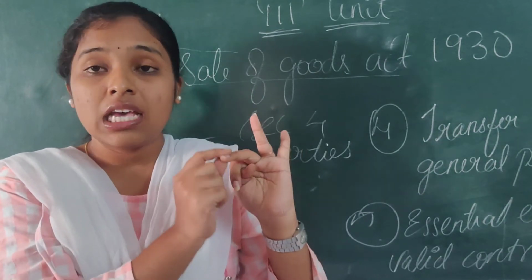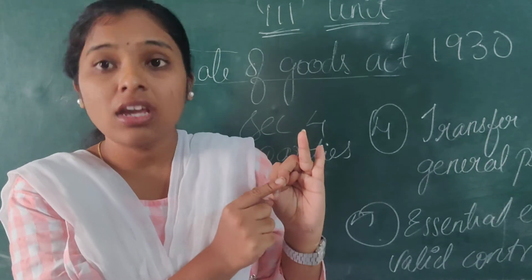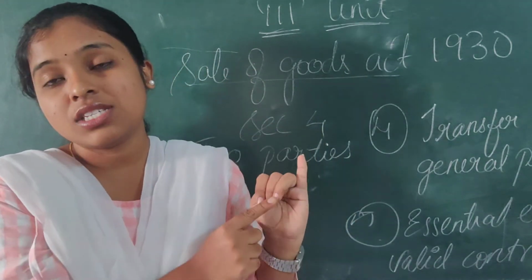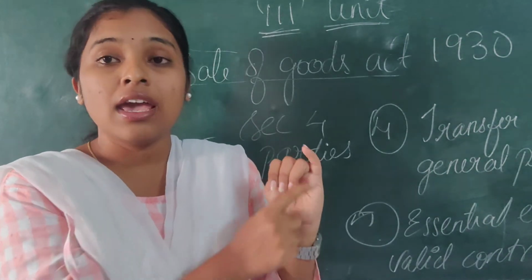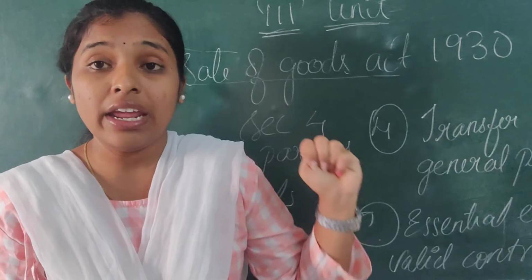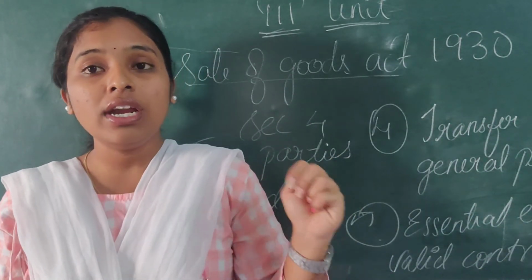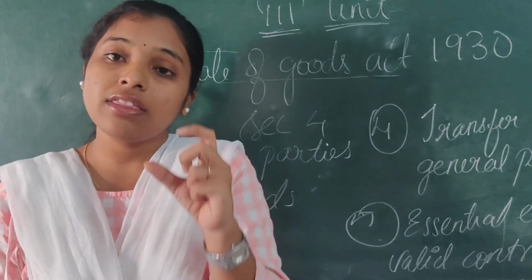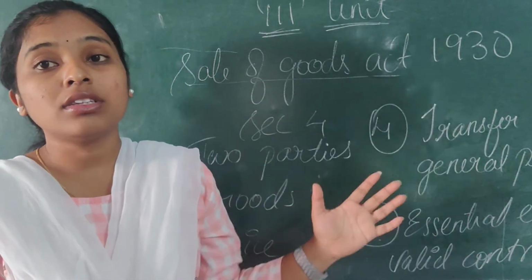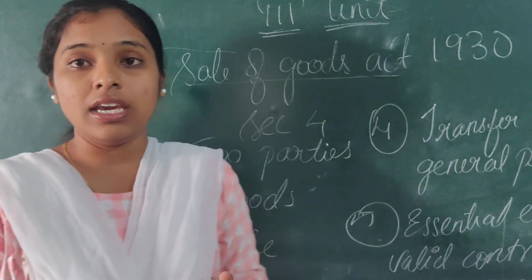The seller may expect something in return as he transfers his property or good, so a price will be fixed. The next one is transfer of general property. And the fifth point is all the essential elements included in a valid contract. If those points are included in a sale, definitely that sale also will become a valid sale. This is all about the essentials of a valid sale.